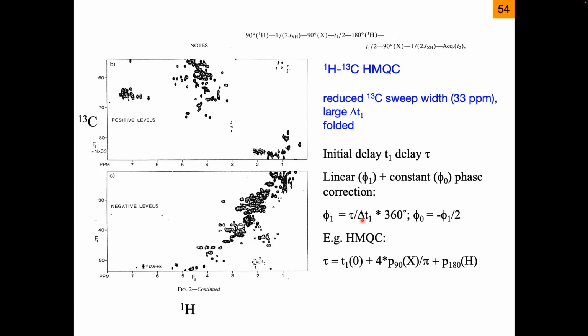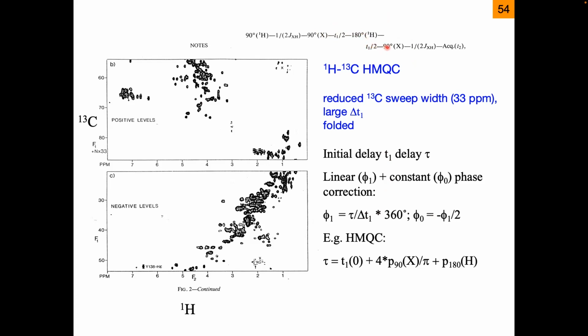Look here, for example, at this HMQC. Here, this is the carbon evolution period. This is the carbon 90-degree pulse here. Then there is the T1 half period. And then there's a 180-degree proton decoupling pulse. And then there's another T1 half period.